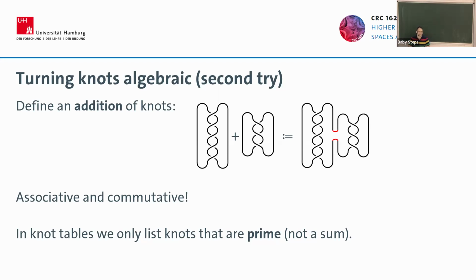For a given knot, that now allows us to ask whether it can be written as a sum of two non-trivial knots. If not, then we call it prime. And in tables of knots that have been compiled for more than 100 years, and which you can find online, and they're very picturesque, we only list prime knots because the other ones can be built from them by addition.